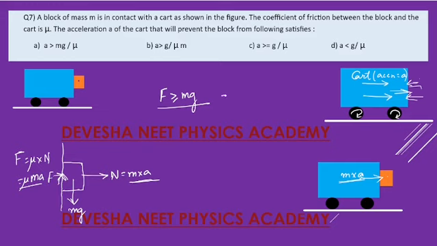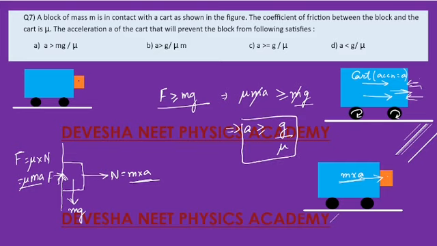Otherwise the body will fall down. So mu MA has to be at least equal to the weight of the body, mg. Since both are positive, you can cancel the mass like this. It means the acceleration has to be at least equal to, if not more than, g by mu. So this will be the answer.